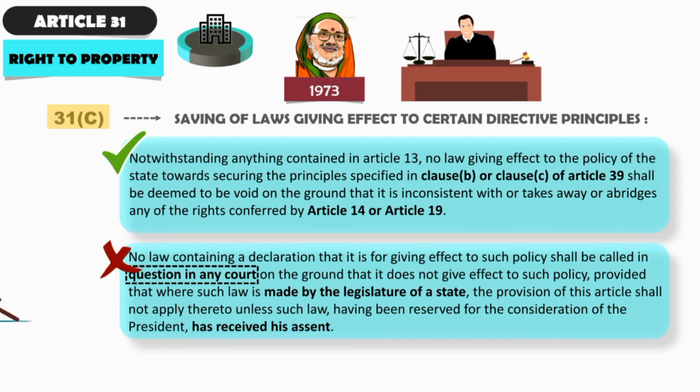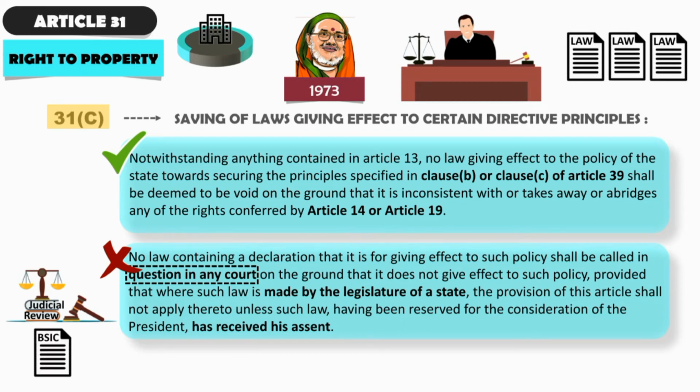Judicial review is part of the basic structure of the Indian Constitution. You make law to implement these policies, but if that law violates the fundamental right, then we can declare it as void. So in that judgment, the Supreme Court approved the first provision and struck down the second provision.